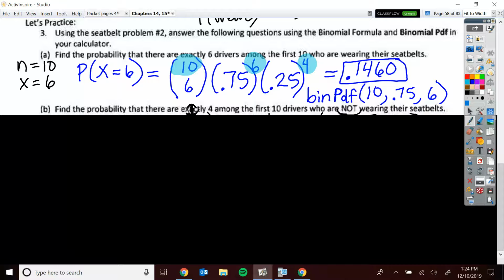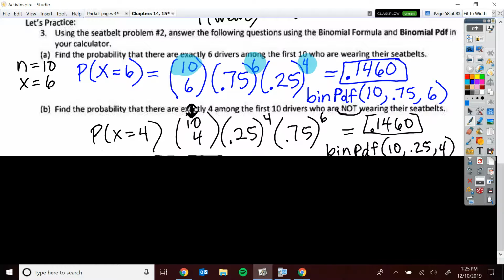There are 4 people not wearing their seatbelt. If you have 6 people wearing their seatbelt, how many are not wearing their seatbelt? 4.